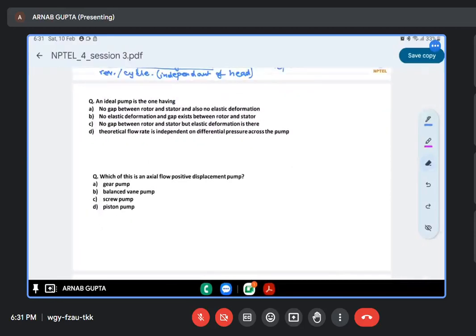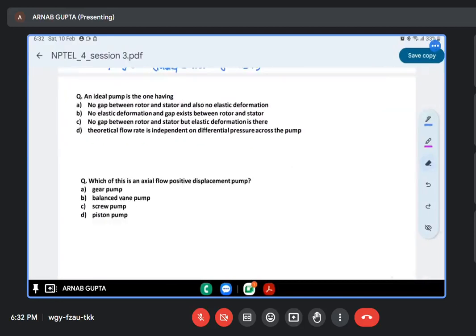Coming to the next question. So, we are discussing pumps. We know that there are certain assumptions that we need to make to arrive at the analytical equations. While solving some numerical problems, we need to arrive at some formula.